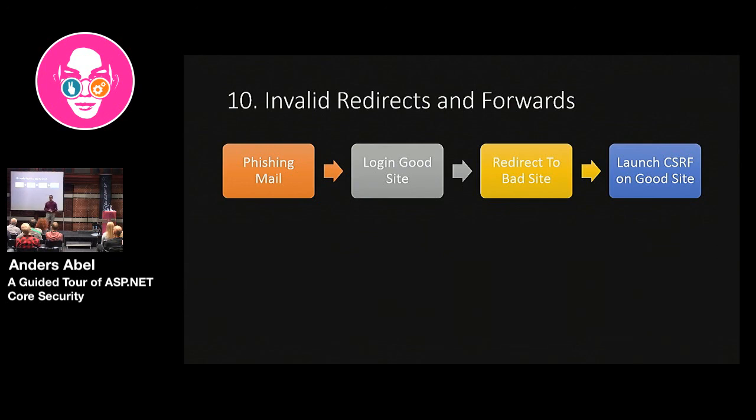Or, if there is a cross-site request forgery vulnerability in the site, this can be combined. So you can just on that bad site issue a cross-site request forgery attack back on the real site, because now you know the user is logged in. It's perfect. You don't have to make it blind and hope the user is logged in. You know it.